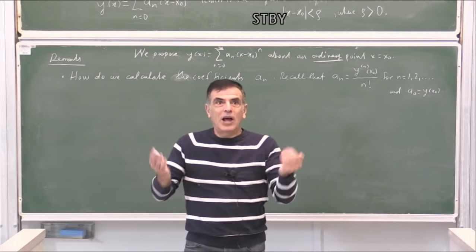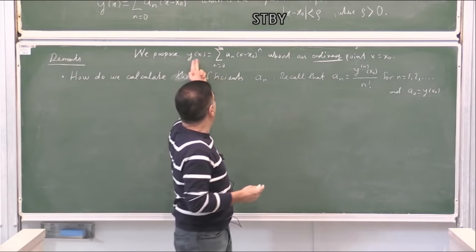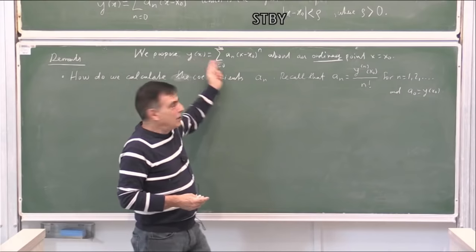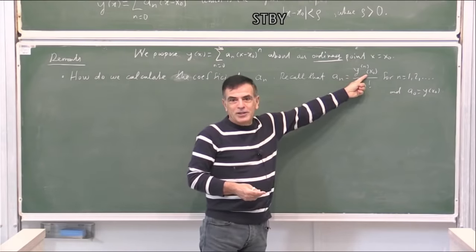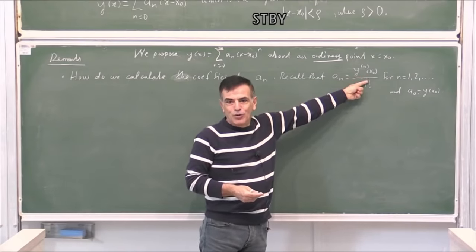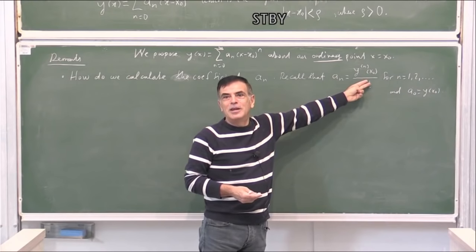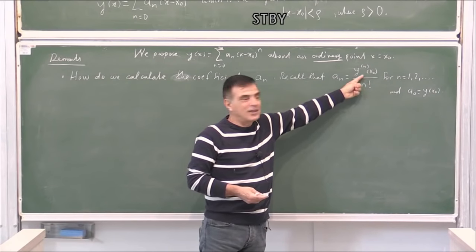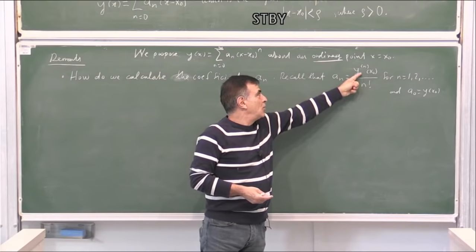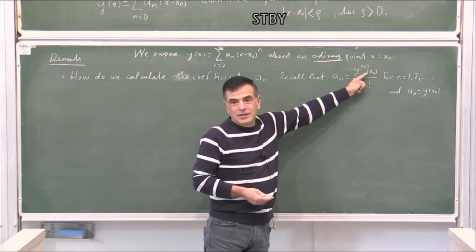So in calculus courses, y of x is known. Therefore, in principle, its derivatives are all known because it is infinitely many times differentiable. It is an analytic function. So these are calculated. Y is known.